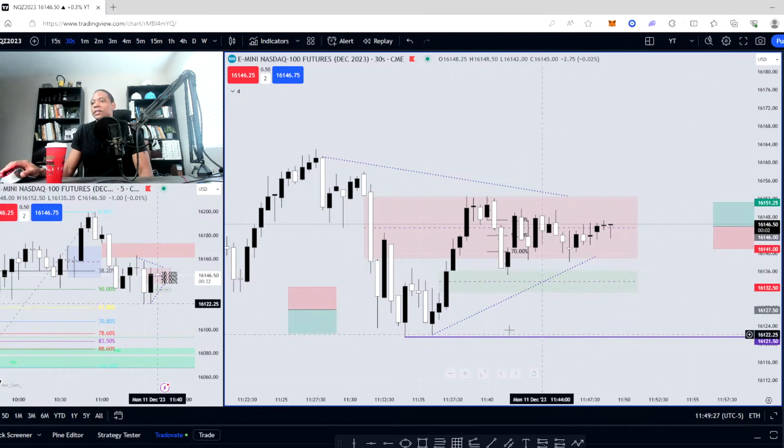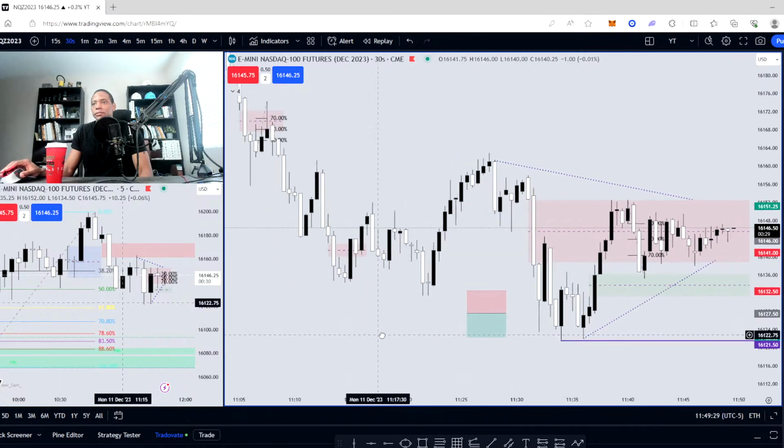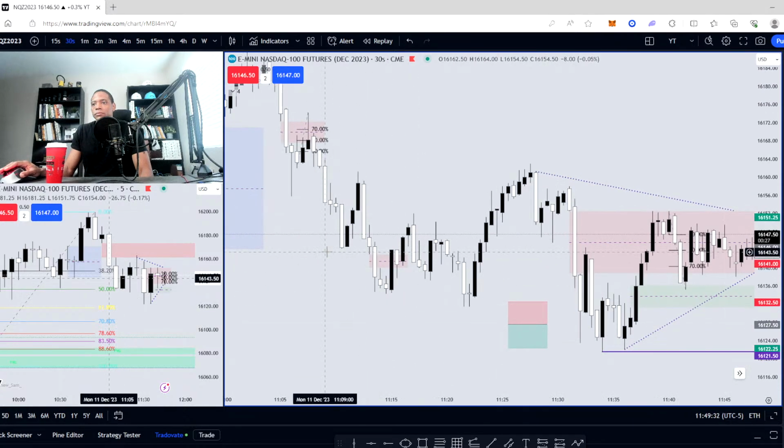Seven ten fair value gap. Okay. 1057 low.